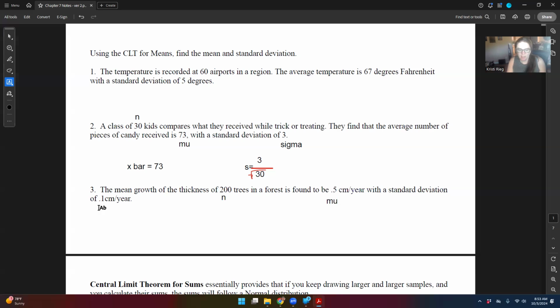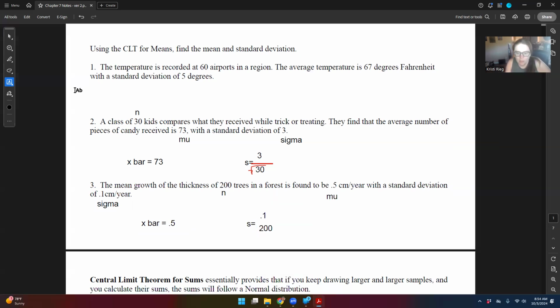And then it says standard deviation is 0.1, so that is my sigma. X bar is going to be the same as mu, so it is 0.5. S is going to be sigma over the square root of n, so 0.1 over the square root of 200.